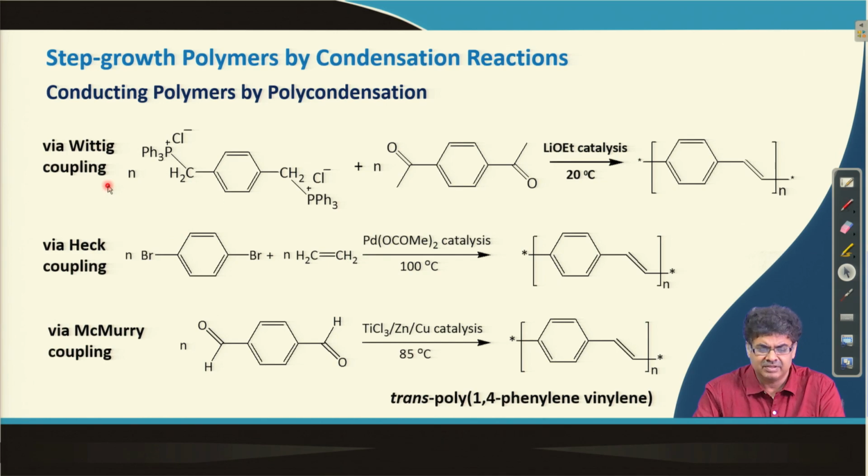Some of the examples are shown here, like Wittig coupling, Heck coupling, McMurry coupling, and these are standard organic reactions which are utilized in this polymerization process to make polymer products. This is the advantage for polymer scientists or polymer chemists. They can use the nice organic reactions and utilize them to make new polymer molecules.